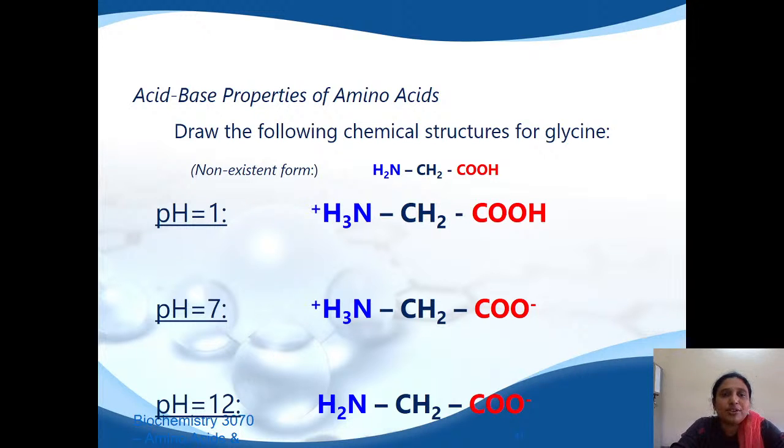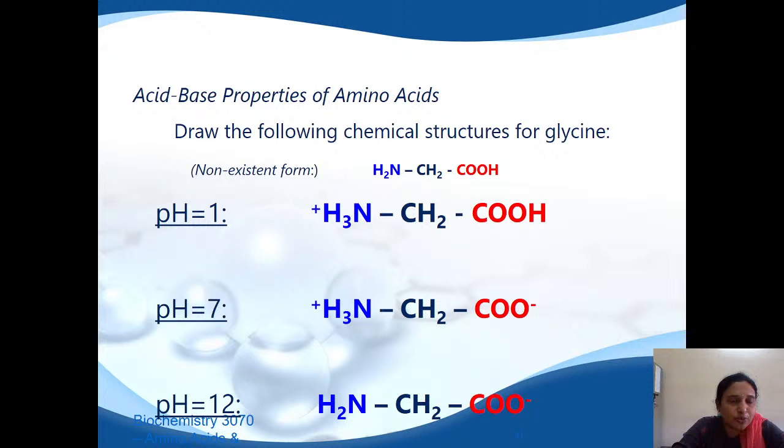Can you explain how the amino acids behave as an acid and how they behave as a base? It is because of the presence of ionizable groups, the carboxyl groups and amino groups. The acidic nature is due to the carboxyl group, and the basic nature of the amino acid is due to the amino group.